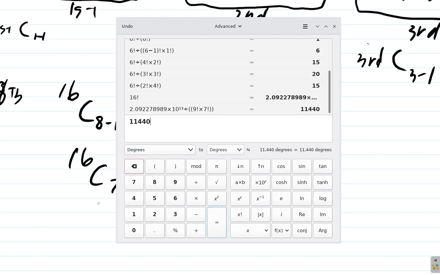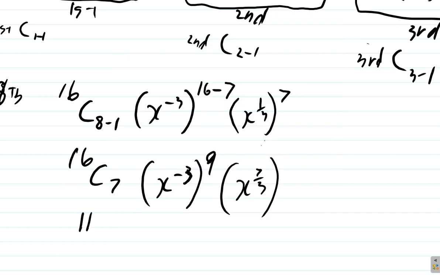You can write down 11,440. This is x to the negative 3 by 9, which is negative 27, times x to the 7 over 3.